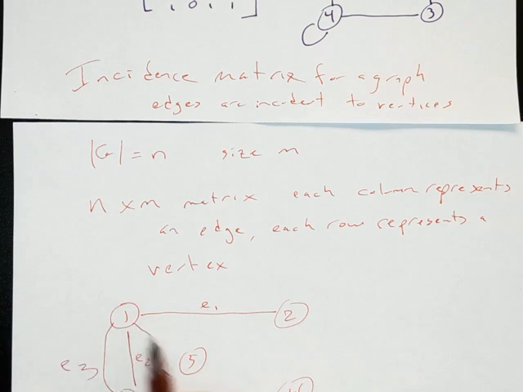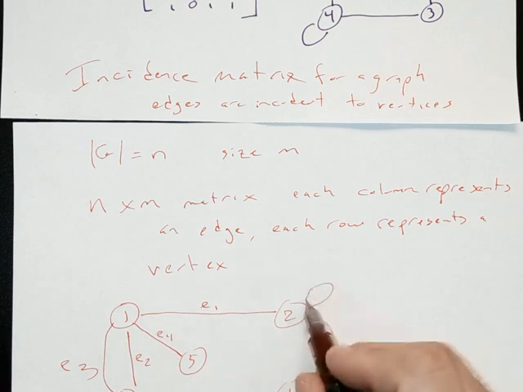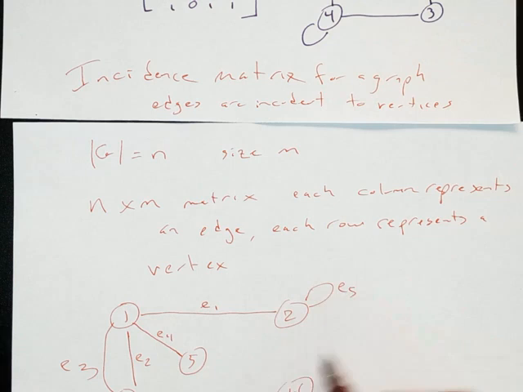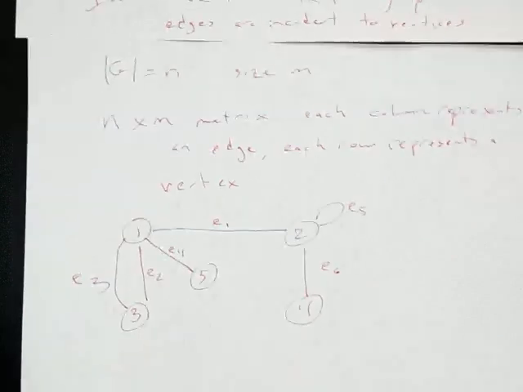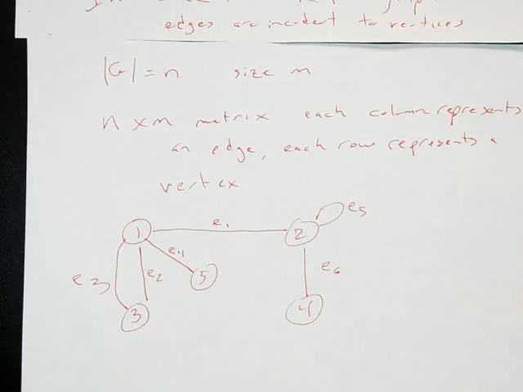If every row represents a vertex, every column represents an edge, I've got a 5 by 6 matrix. How do I write that edge 1 connects vertex 1 and 2?